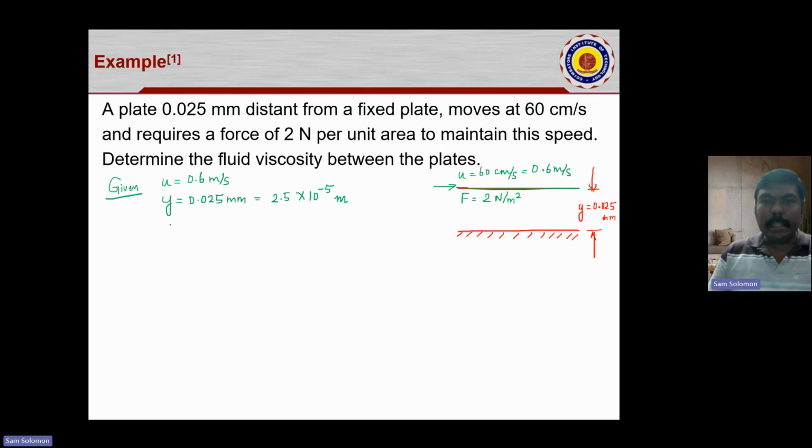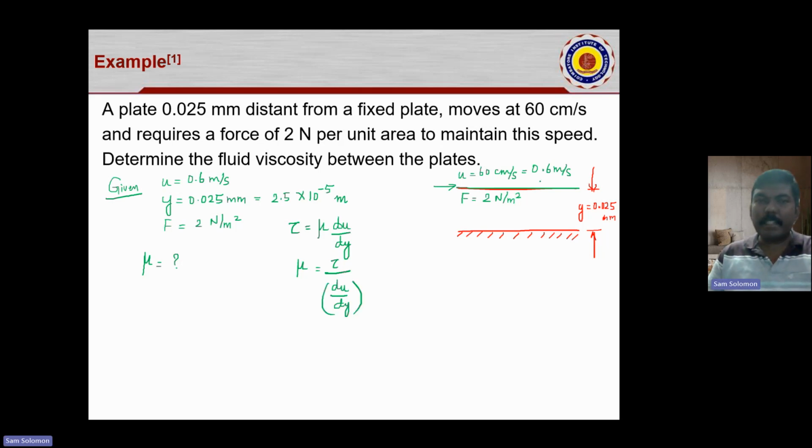And then the force is given as 2 Newton per meter squared. And they want us to find the value of mu. So what we know is tau is mu times du by dy. So mu is going to be tau divided by du by dy.